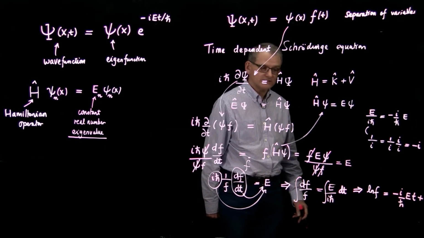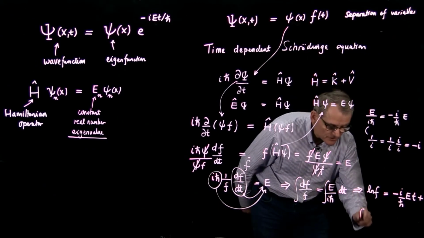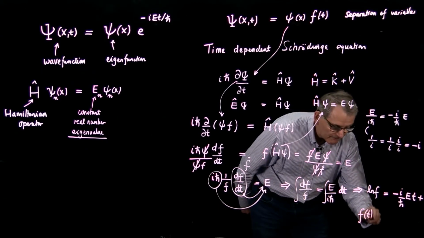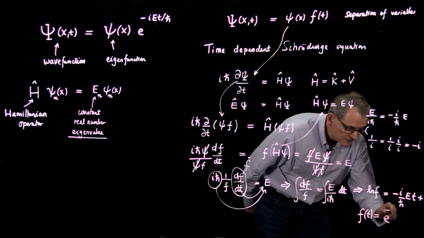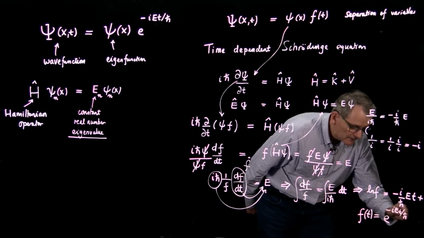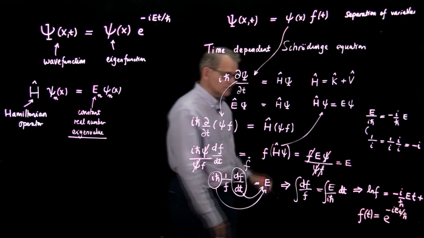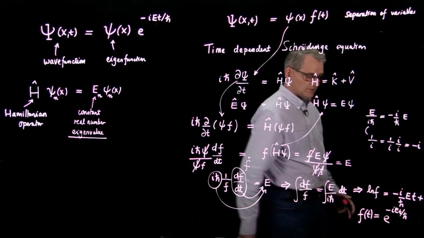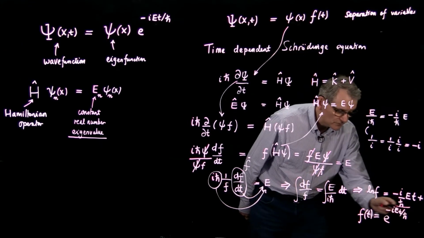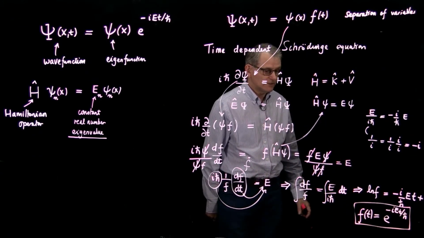Now, the final step is simply to exponentiate this. When I do so, I'll get f of t is equal to e to the minus i E t on h bar. You can show that the constant e to the c, in fact, is just equal to 1, and I invite you to impose suitable initial conditions to demonstrate that.